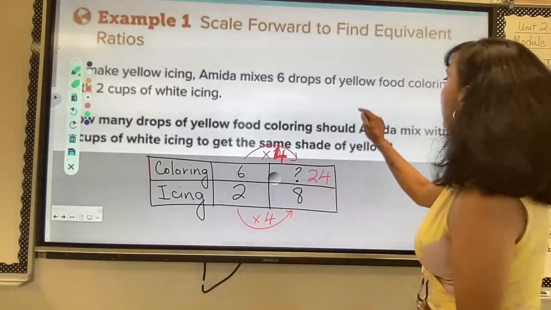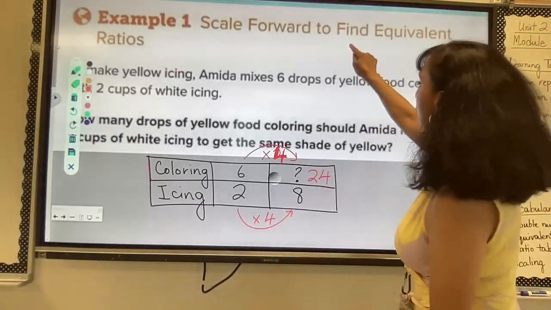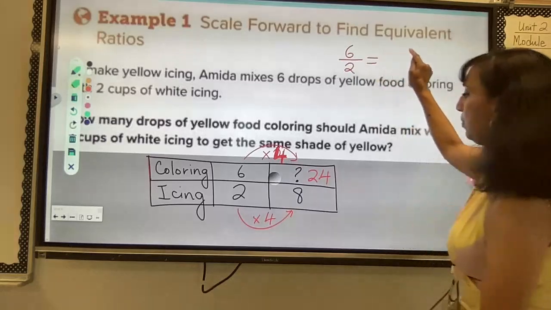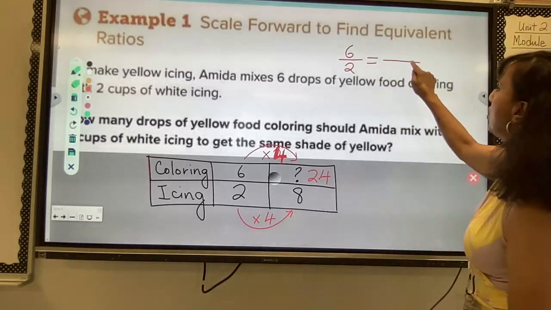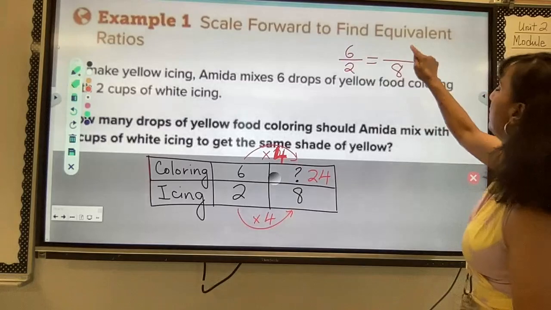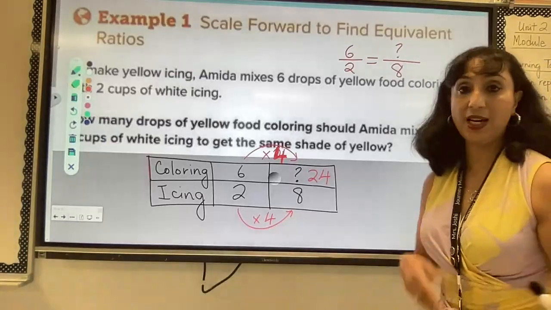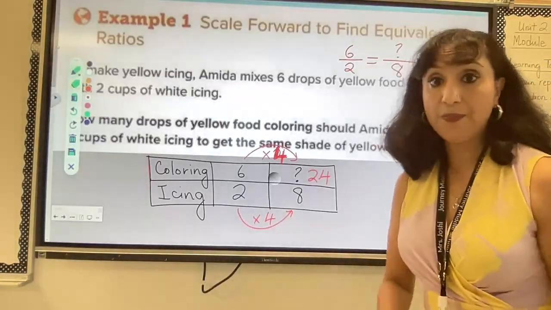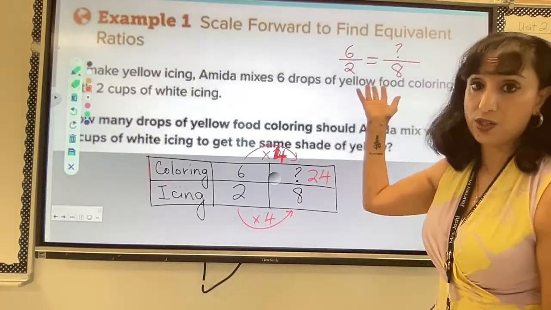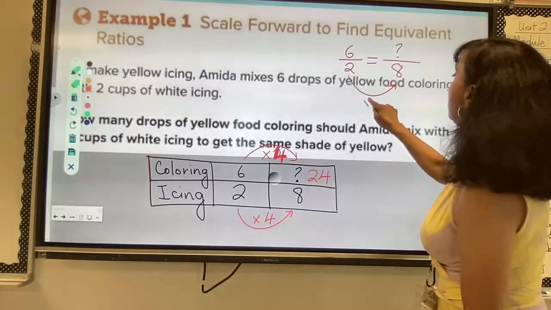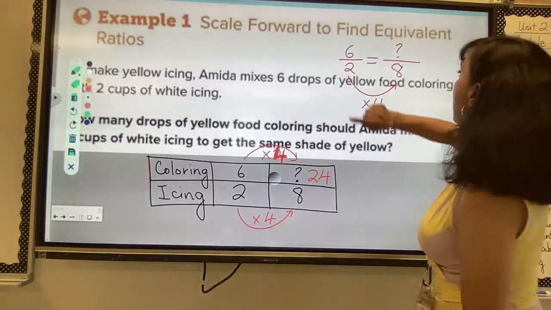We can also write it as an equivalent ratio: 6 over 2 is equal to how much over 8? We're trying to find the unknown amount. Along with the table, I can also write it like this. I know that 2 times 4 gives me 8.